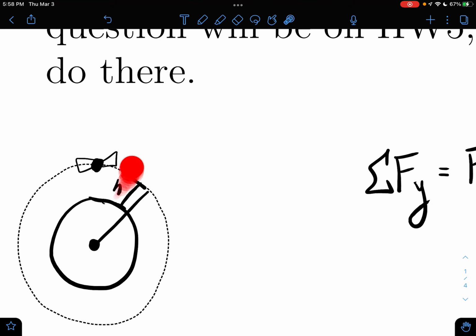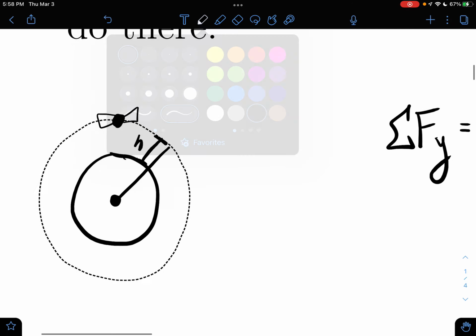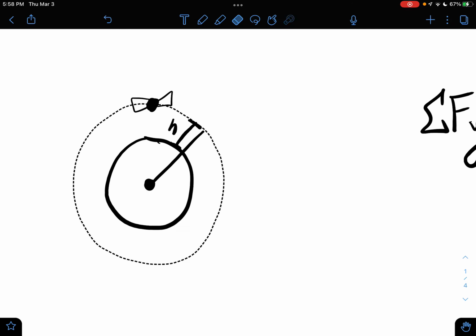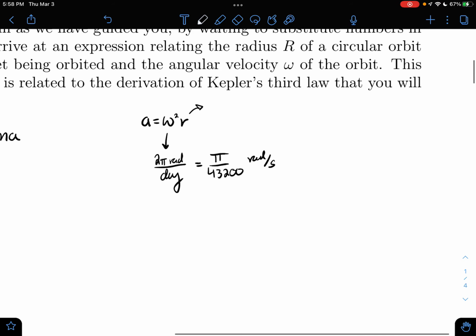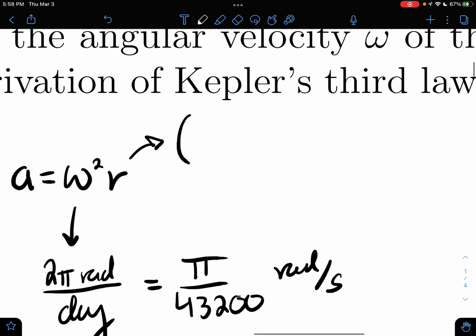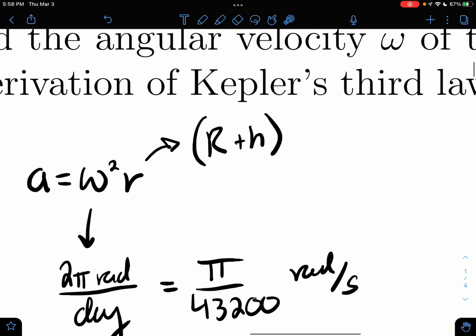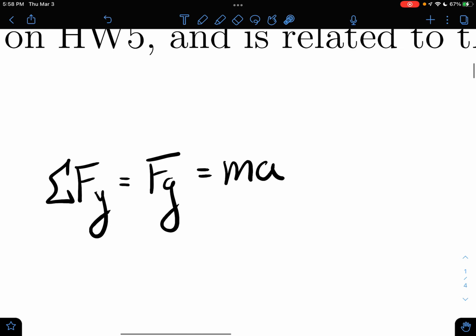So I'm going to call that h for height. Our radius of this circular orbit is going to be whatever the radius of Earth is plus that h. So r is going to be, using big R for the radius of Earth, R plus h, and we're trying to solve for h.